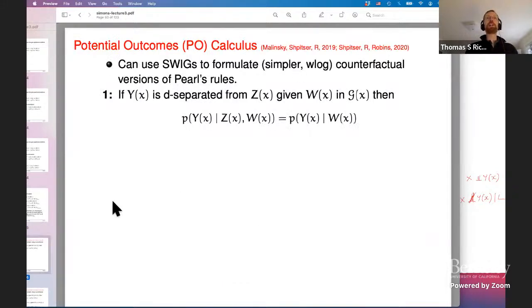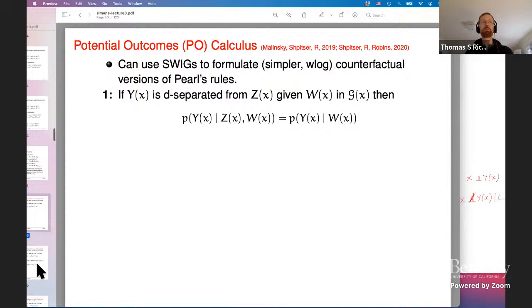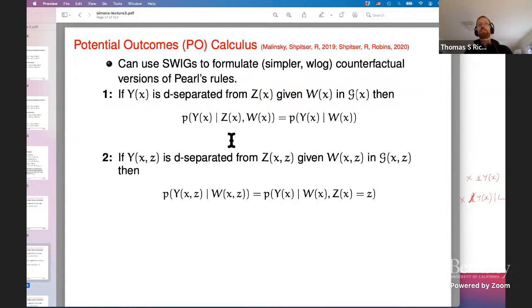Okay, so here are the rules. The first one is fairly easy. We just say, well, when are these two things equal? Well, that's when y of x is d-separated from z of x given w of x in the SWIG. This is just conditional independence in the SWIG. The second one is, when is it the case that I can switch from intervention to observation?